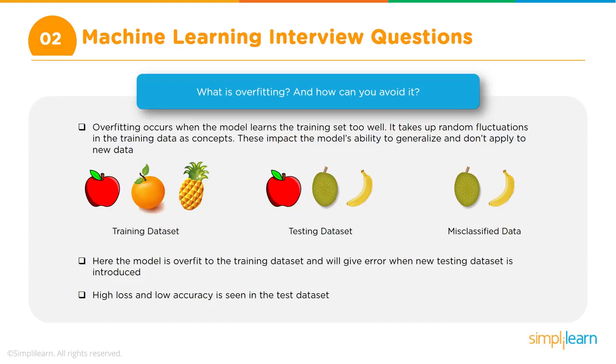Now let's say you bring another basket of fruits, and it will have a mix of apples, which were already there in the previous set, but in addition to apple, it will probably have a banana or maybe another fruit like a jackfruit. So this is an equivalent of your test data set, which the child has not seen before.